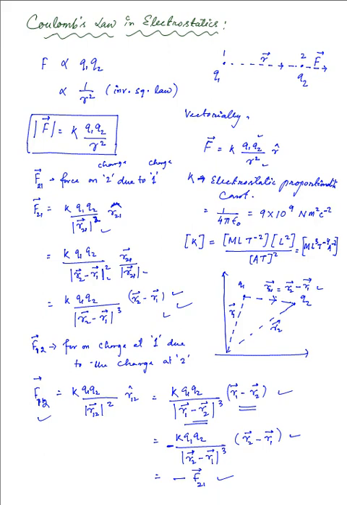So ultimately what we are observing is that the forces are acting along the line joining that pair of charges, and that is why these action and reaction forces constitute what we call the central force, because they are ultimately directed towards the center of mass of the arrangement of those two charges.